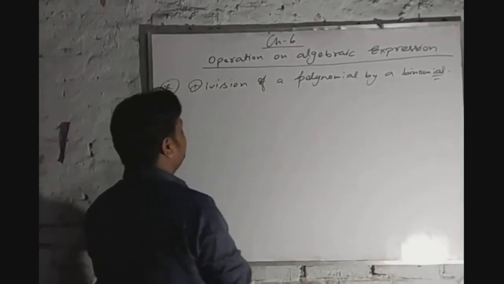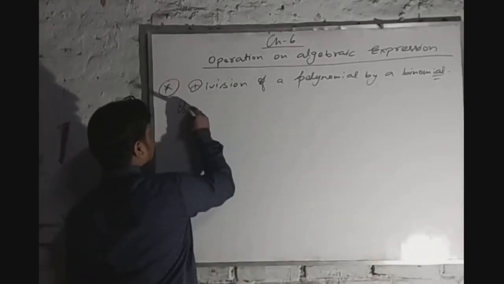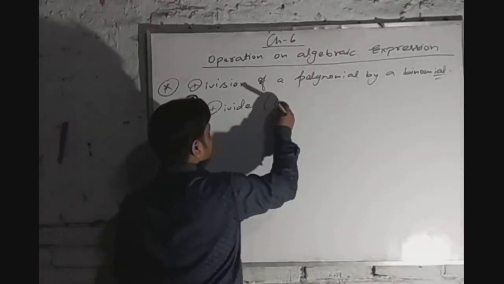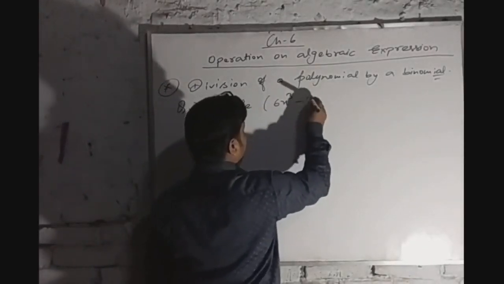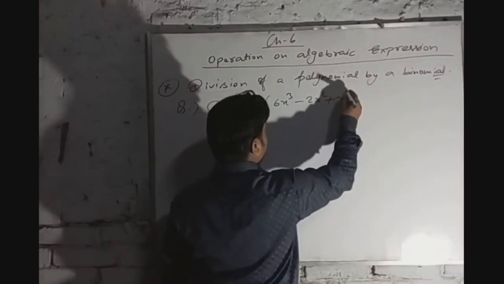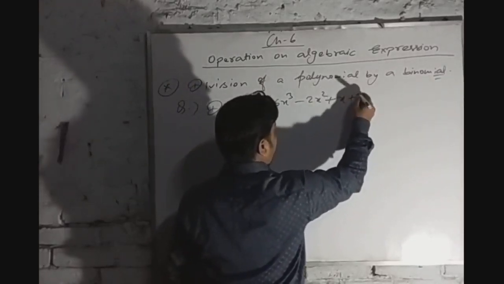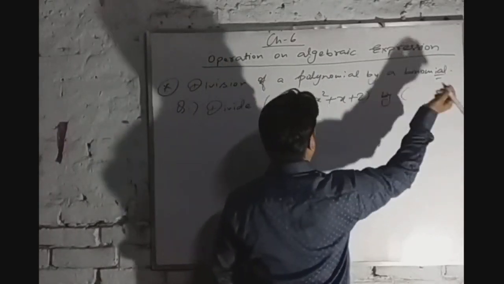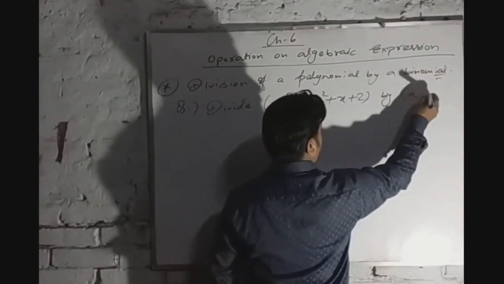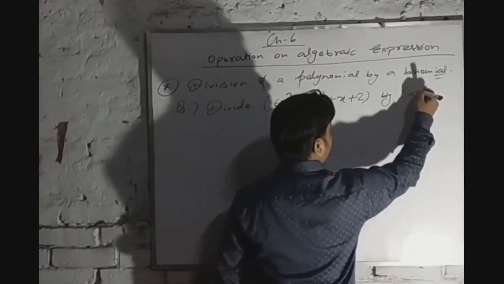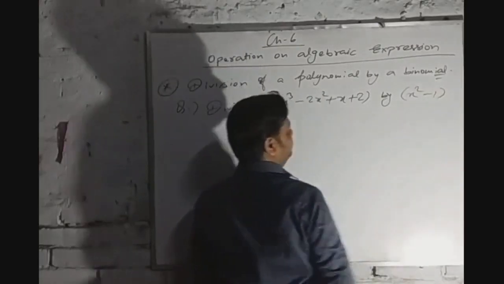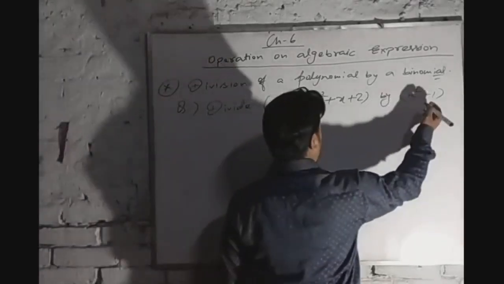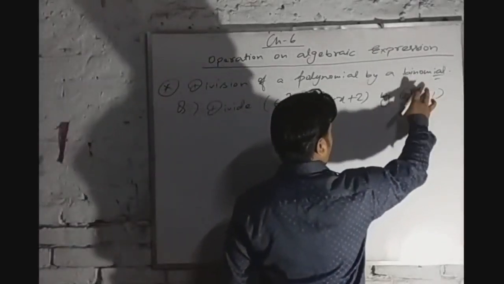At first, if the question is: divide 6x cube minus 2x square plus x plus 2 by 2x minus 1.